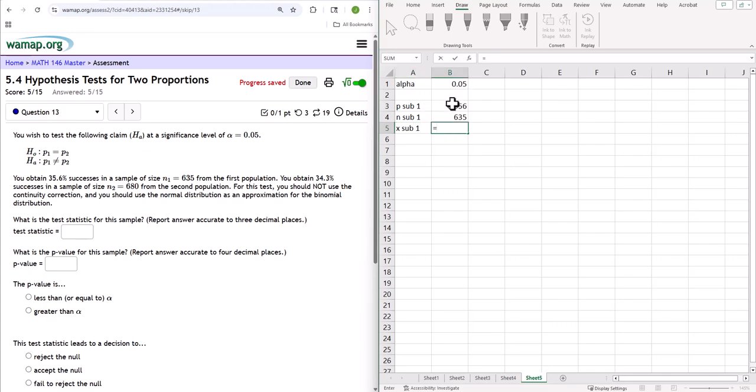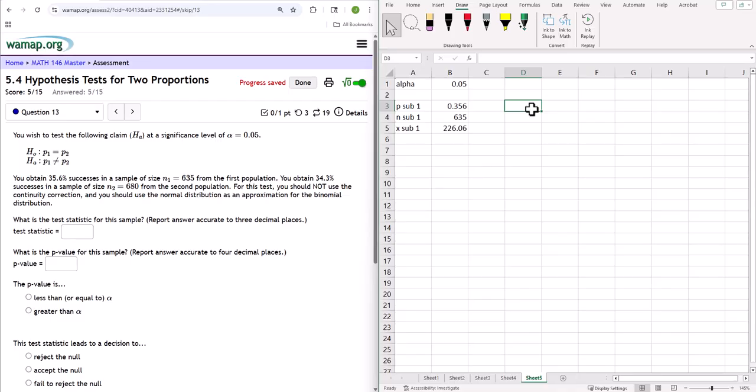It's going to be the product of the probability of success multiplied by the sample size, which it doesn't like me grabbing here for some reason. But again, that's this times this.